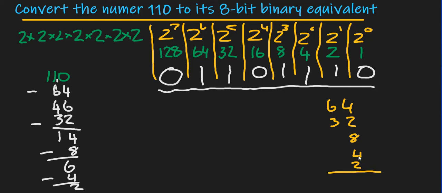So 2 and 4 is 6, 14, 16 and 20, so we put a 0 there, carry the 2. 2 and 3 is 5, 5 and 6 is 11. So we end up back at the beginning with our 110. So we have checked this. So we can say with confidence now that 0, 1, 1, 0, 1, 1, 1, 0 base 2 is the equivalent of 110 base 10.